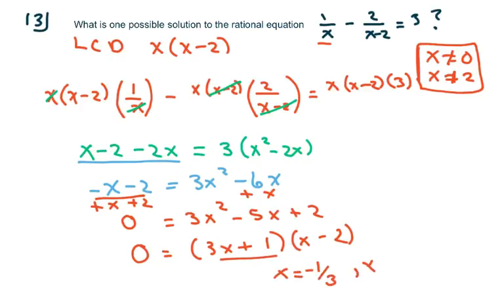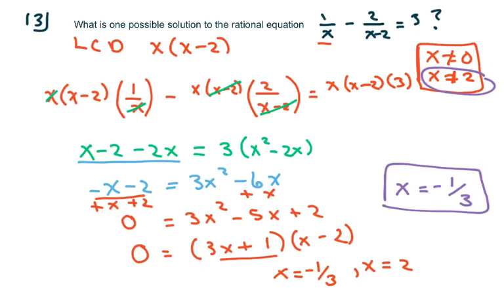This one, x is 2. Since this is a griddable, x can't be 2 here. So one of the possible solutions is x equals negative 1/3.